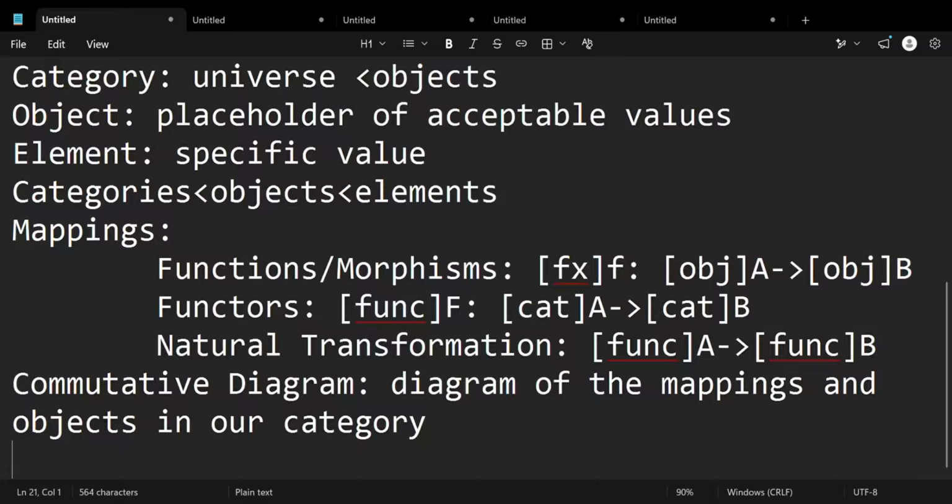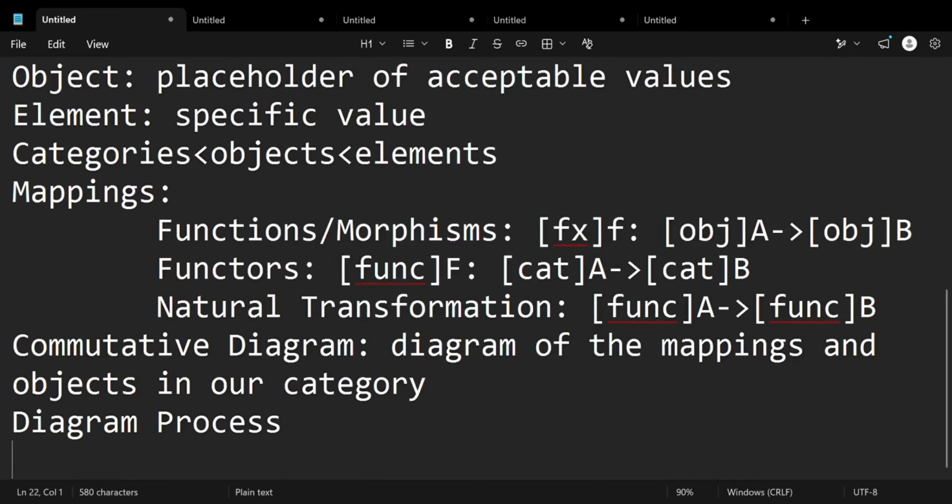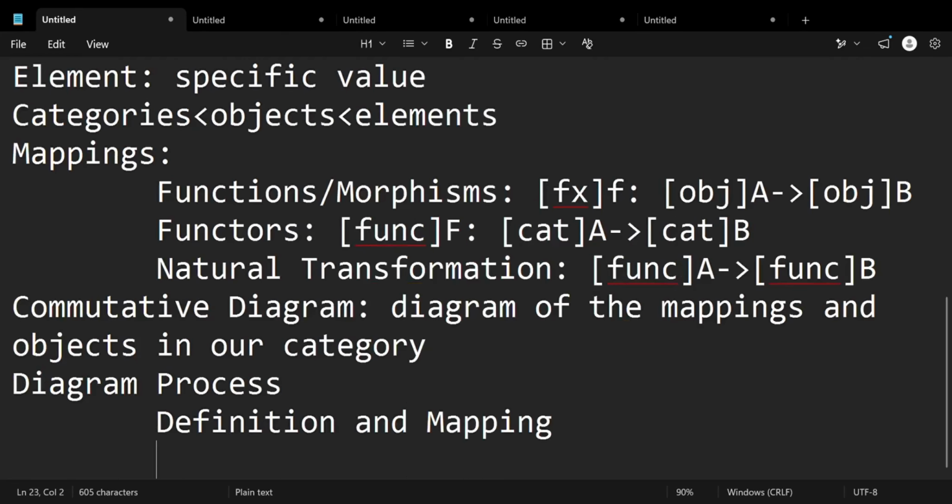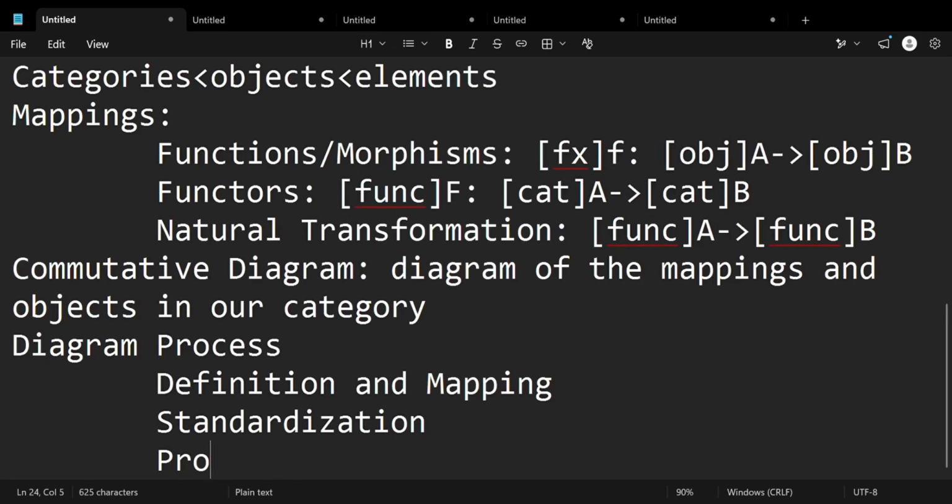And we defined a process for creating our commutative diagram, which consists of the definition and mapping phase, standardization, and proof, which we won't cover probably until a later series.